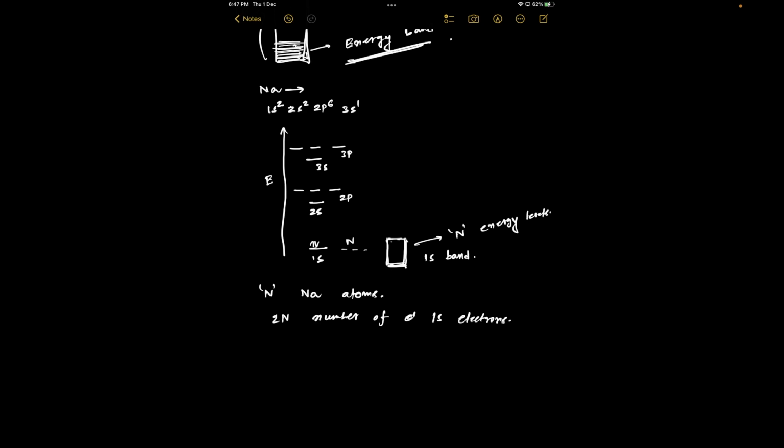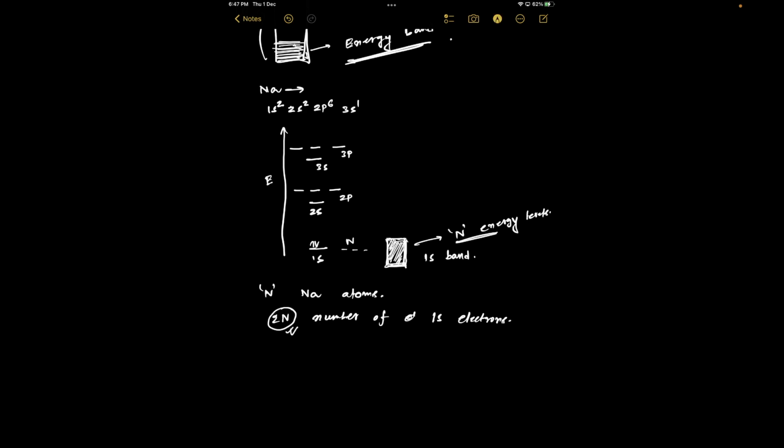So this 1s band will be completely filled up by electrons, right? Because there are 2n 1s electrons, and in the 1s band there are n possible energy levels, with only 2 electrons in each level. So all these 2n 1s electrons will be filled up here in the 1s band.